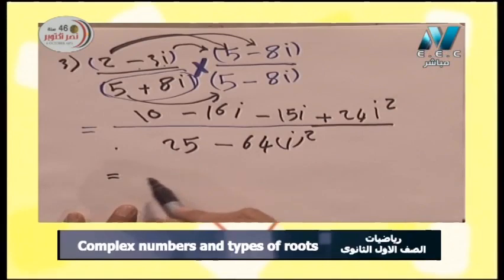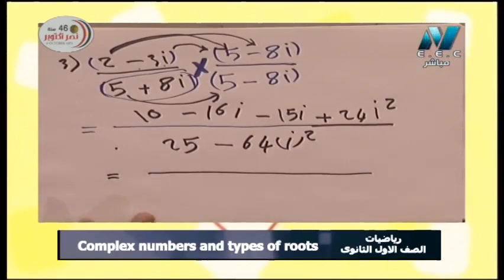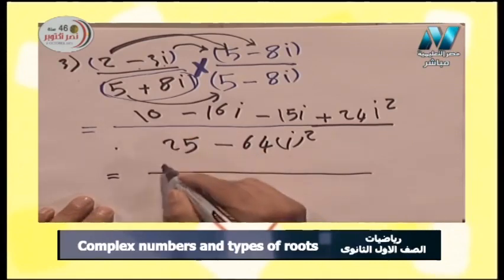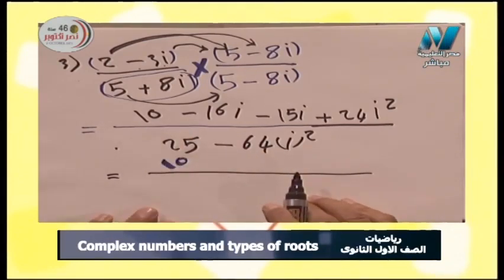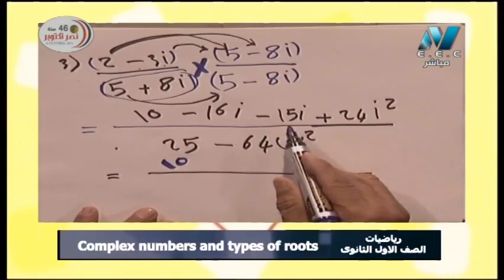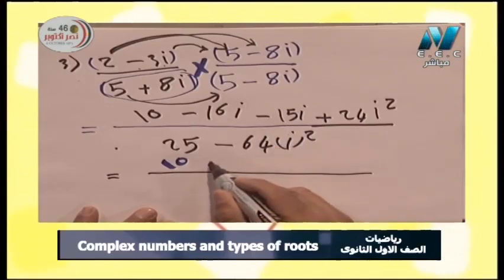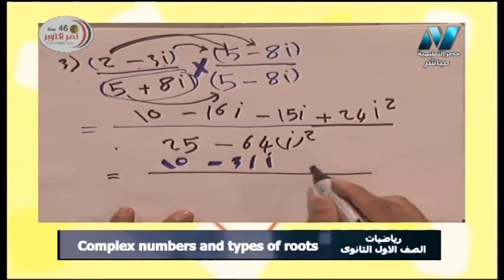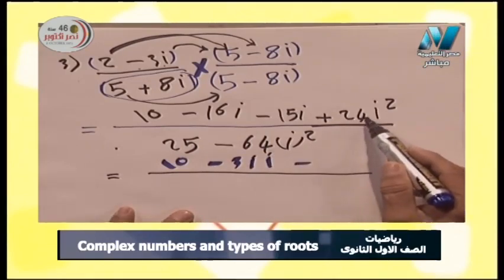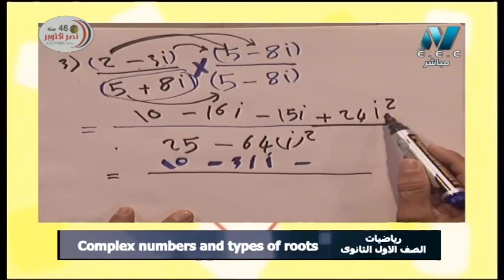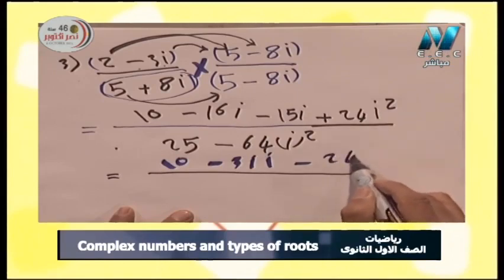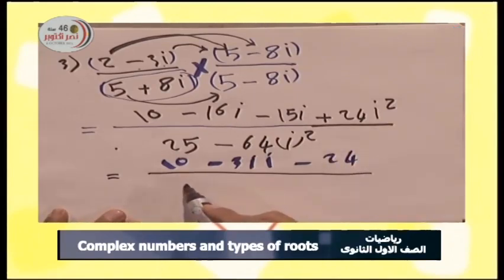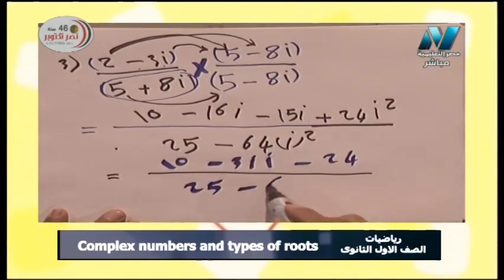Okay, we will go to simplify. 10, and negative 16 plus negative 15 equals negative 31i, plus 24 times i power 2. 24 times negative 1 will be negative 24, and we have 25 minus 64 multiplied by negative 1.